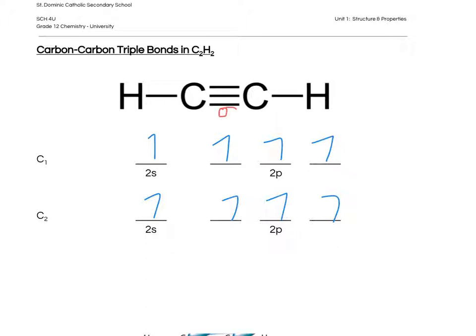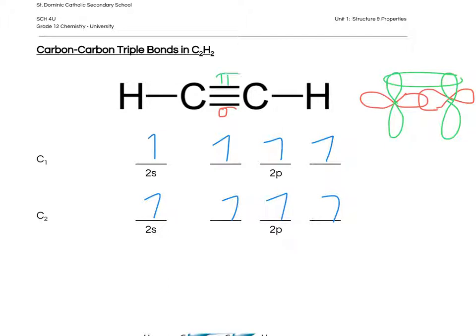So I'm going to just delineate that. If I'm looking at the p orbitals, I can only have one set of directly overlapping orbitals. Now I also have the other px and py orbitals here as well. Those can't overlap directly, and so that has to be a pi bond. So I'm going to indicate that here as a pi bond.